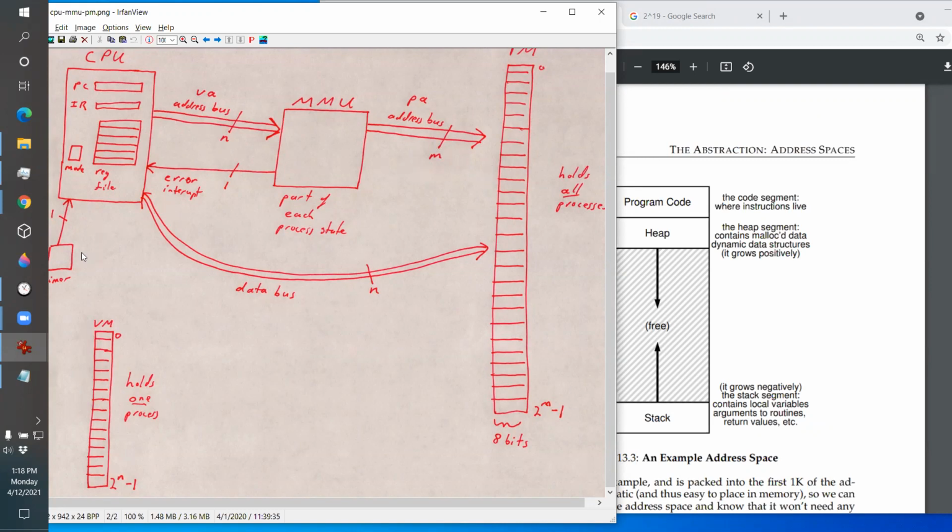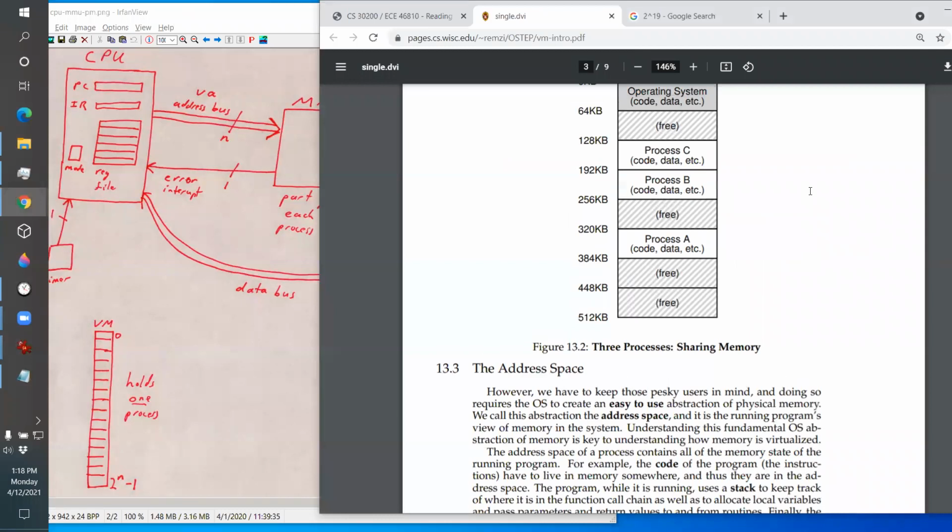Address 0 is not this one over here. That's physical address 0. Virtual address 0 can be almost anywhere in this range here. Virtual address 0 might be physical address 0, but probably not, because that's probably where the operating system is. Actually, Windows puts the operating system at the high end of memory, not at the low end of memory. So that's another thing about these pictures.